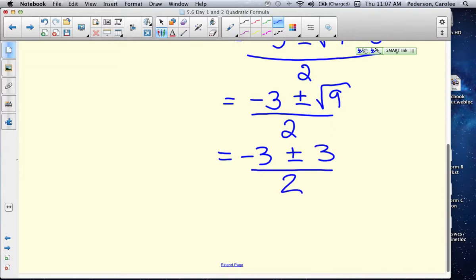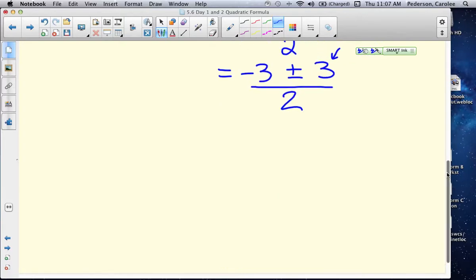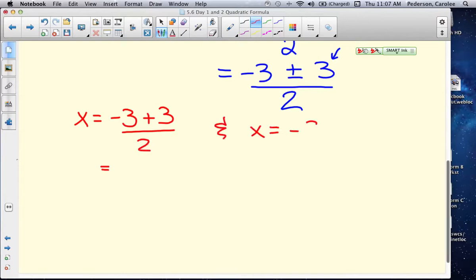Now since this is an integer of a plus or minus 3, we can break it up into two solutions to get our integer values. We get x equals -3 plus 3 over 2, and x equals -3 minus 3 over 2.